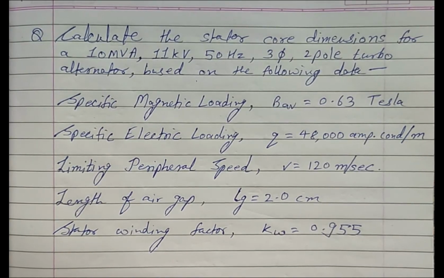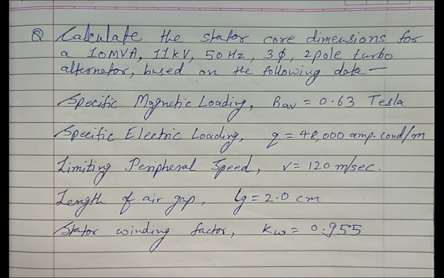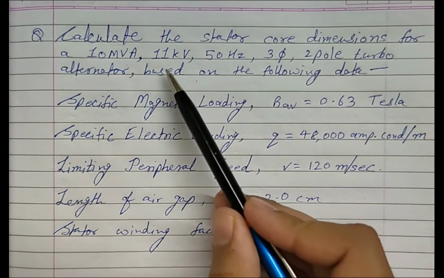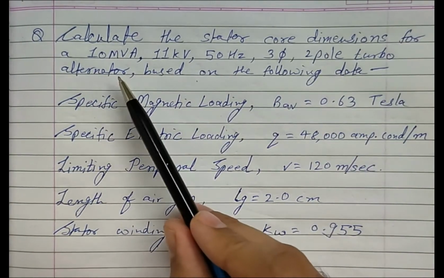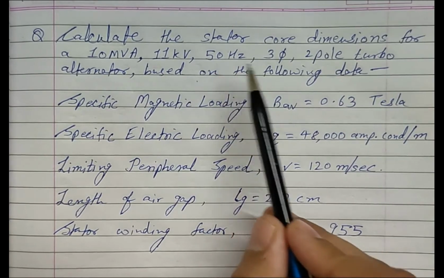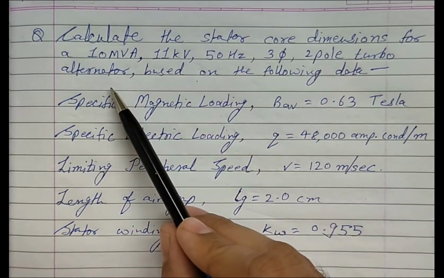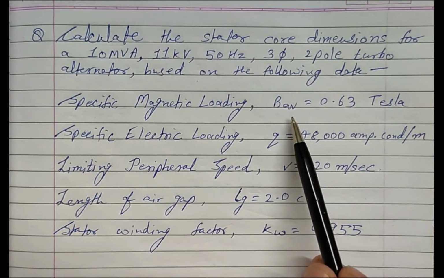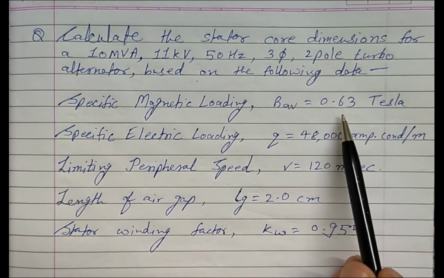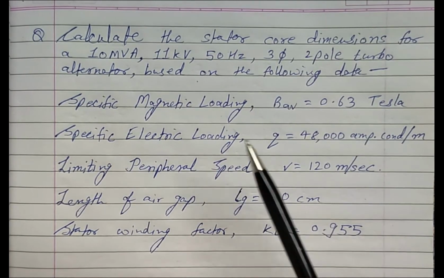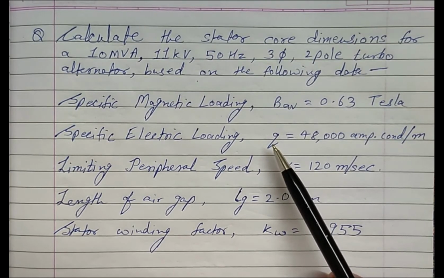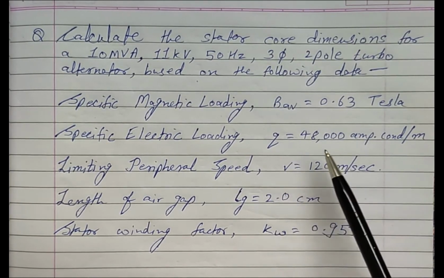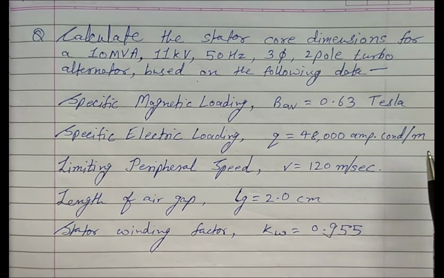Once we have covered all the theoretical fundamentals in the previous videos, let us move ahead with the numerical, and let us read the data of our first numerical, which says calculate the stator core dimensions for a 10 MVA 11 kV 50 Hz 3-phase 2-pole turbo alternator based on the following data: the specific magnetic loading, which is given as BAV, and the value is 0.63 Tesla; specific electric loading, which is given by Q (in some of the books you will also find this as AC), and the value is 48,000 ampere conductors per meter.